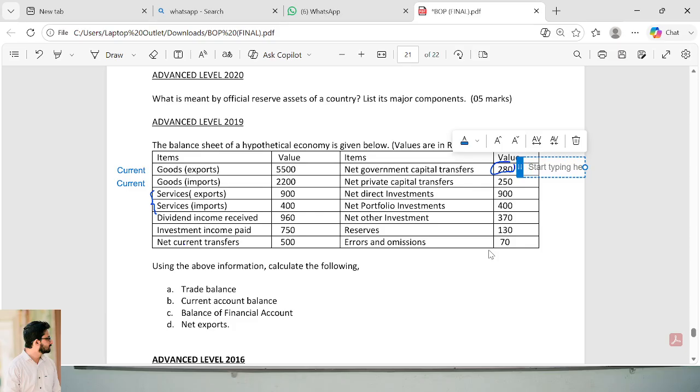All other subparts of the financial account, capital account, and current account are given. I want you to calculate trade balance, which means trade in goods, current account balance, balance of financial account, and net exports. I'll give you 10 minutes.